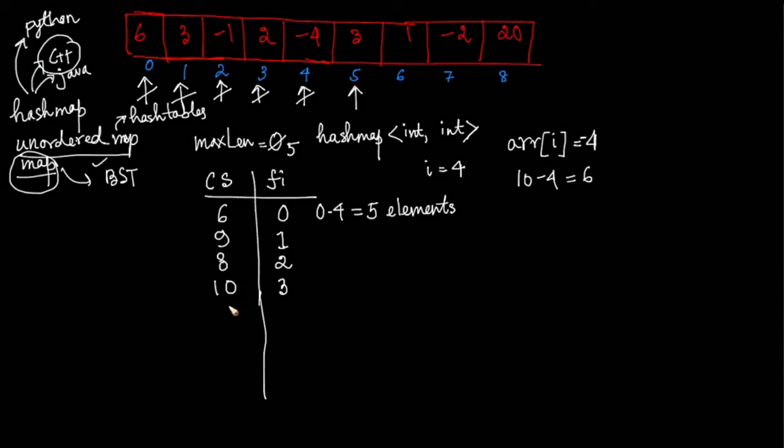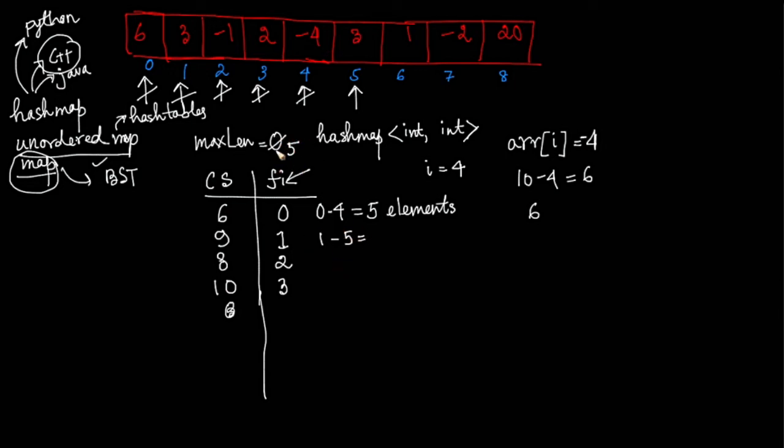Now here the cumulative sum was 6, but I will not update this first index. Here I'm only interested to know about the first index. So the cumulative sum was 6. 6 plus 3, 9. Again another repetition. So I can see that I am at this moment at the 5th location and the 9 came at the first location. So 5 minus 1. Then I see if it is greater than the max length or not.